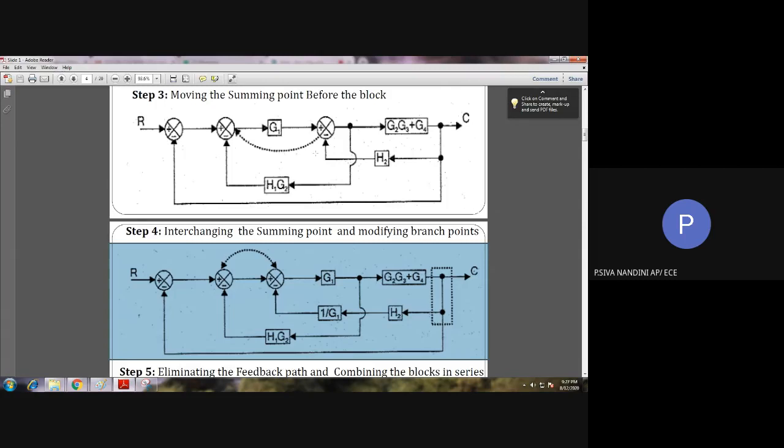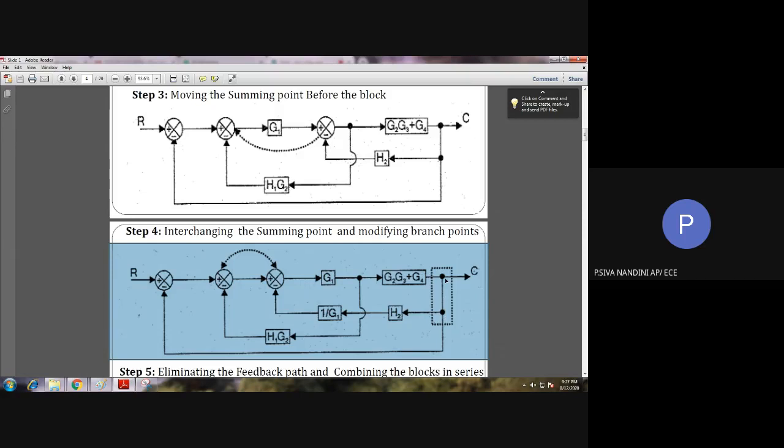So after moving the summing point before the block G1, we have obtained the block diagram shown in step 4. See here we have included 1 by G1 in the downward input given to this summing point with the negative terminal.